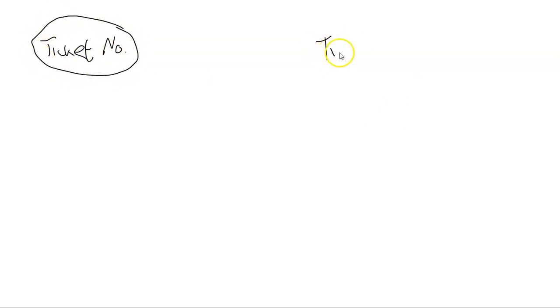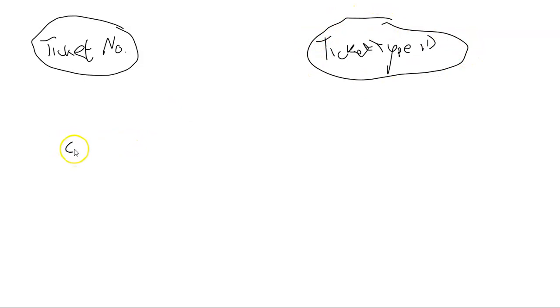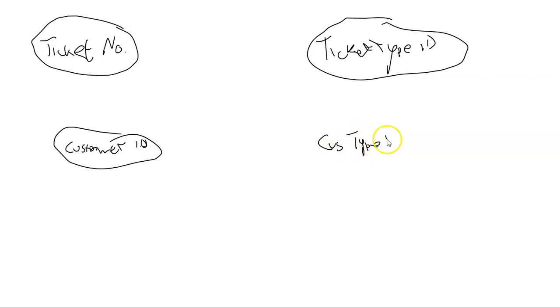We've got ticket type ID, customer ID, sorry about the writing. I need to get myself a pen. And customer type ID. So that's our first task.